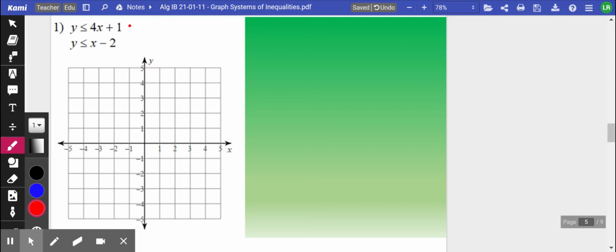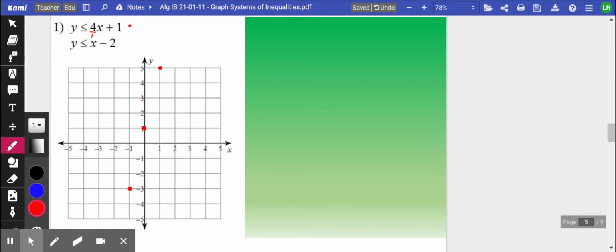What's the y-intercept? Top one, what's the y-intercept? Anyone? 1. Okay. What's the slope? 4. And let's go ahead and make that a fraction, 4 over 1. So up 4: 1, 2, 3, 4, right 1. And I'm going to go in reverse because I want extra points: 1, 2, 3, 4, left 1.